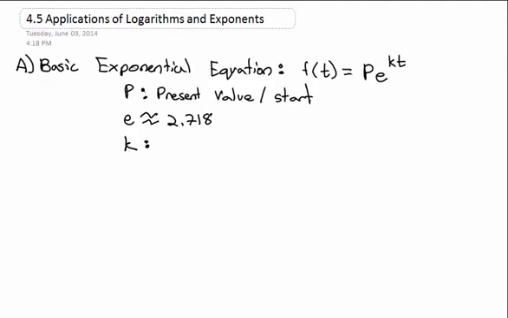K is the growth or decay constant. And finally, t, the variable we're usually most interested in working with, is the amount of time that's going by.